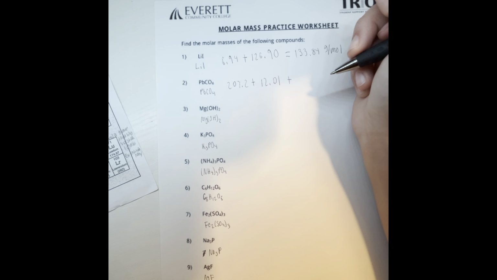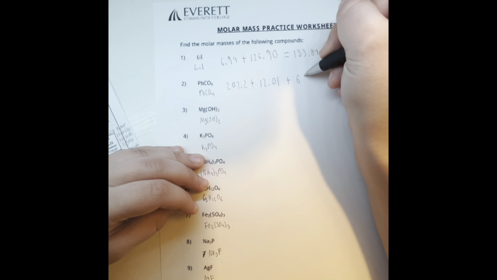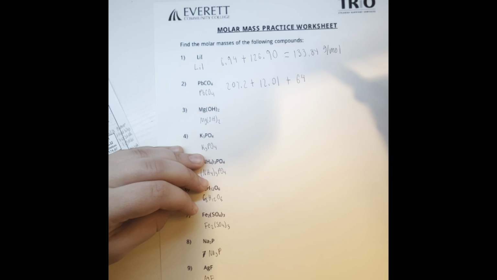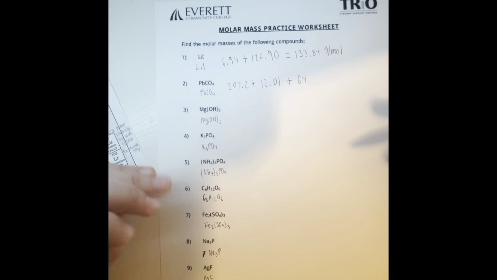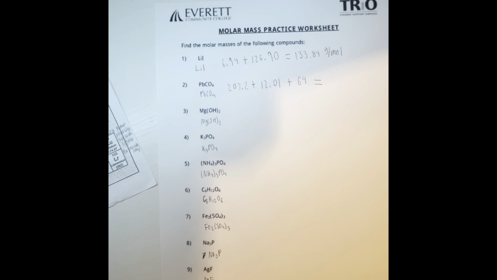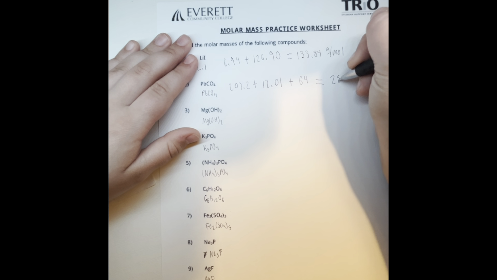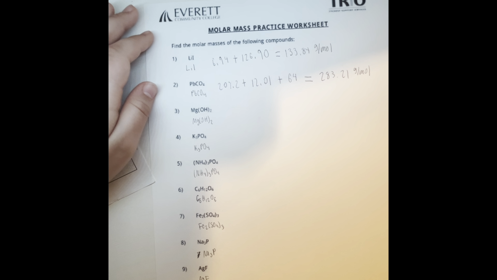So 16 times 4 is 64, because one oxygen would be 16, but since we have 4, it's 64. Adding it up, 207.2 plus 12.01 plus 64 gives us a total of 283.21 grams per mole.